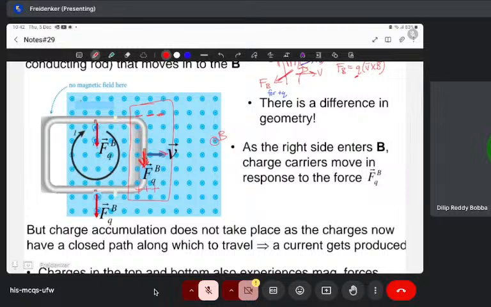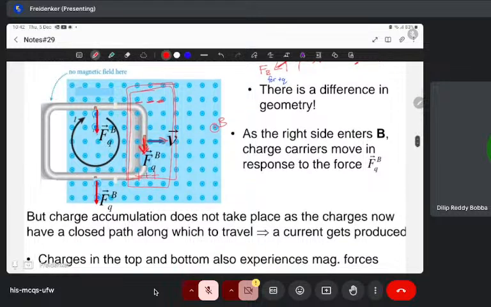If it finds a way to go somewhere, it will go there. So finally, what will happen? No charge will be accumulated. You will get a current. So charges will move in a loop now. This portion of the loop is acting like a battery now, because what is a battery? You just have potential difference. Here you have potential difference. So this part is acting like a battery.